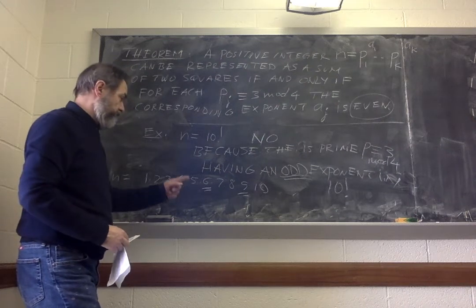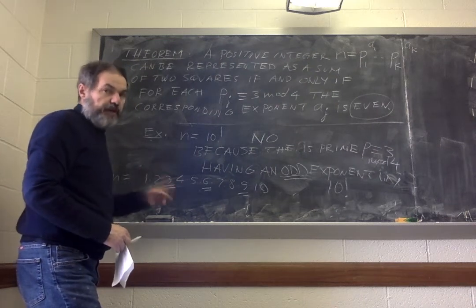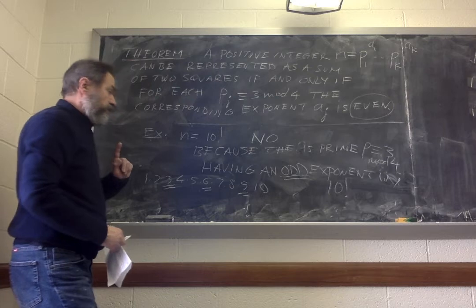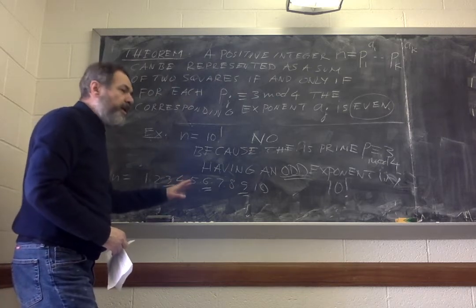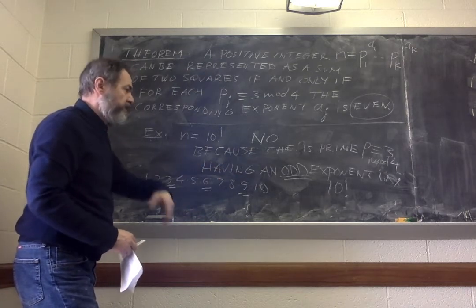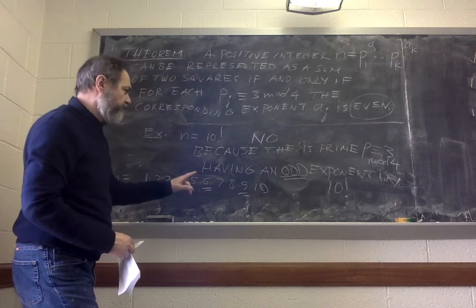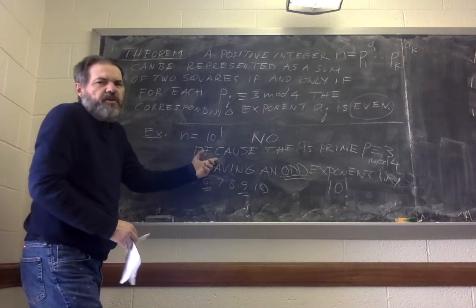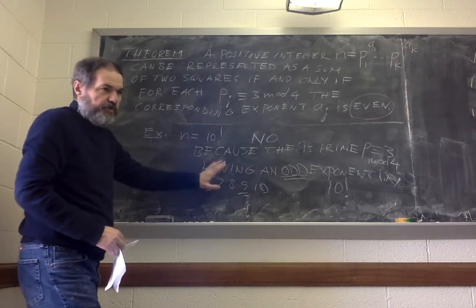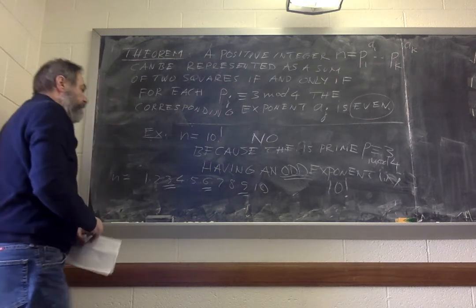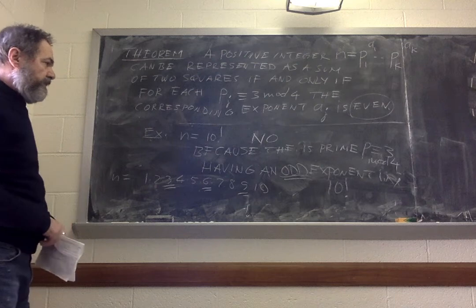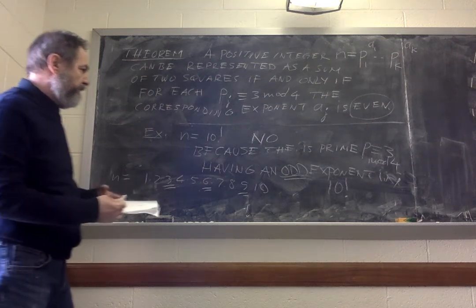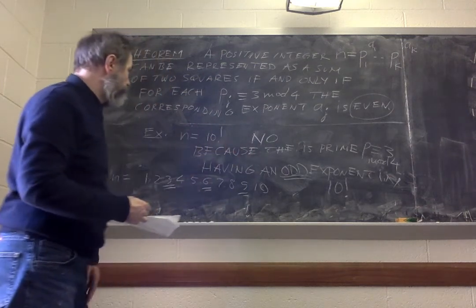So we have a total of 4 factors of 3. So that was okay. 3 to the 4, it's good. The exponent is even. There are no other primes congruent to 3 mod 4 that appear here. Just 7. But 7 has an odd exponent because the exponent is 1. So this is not representable as a sum of 2 squares.